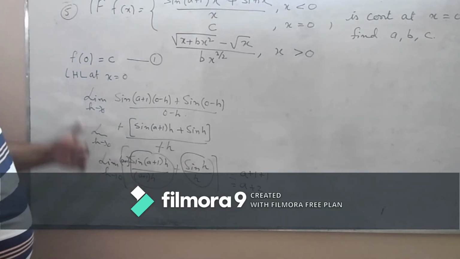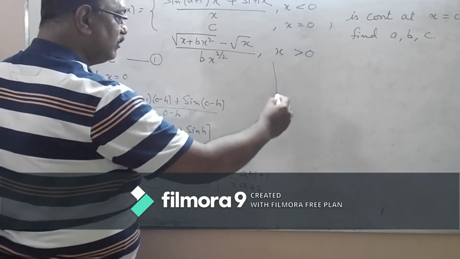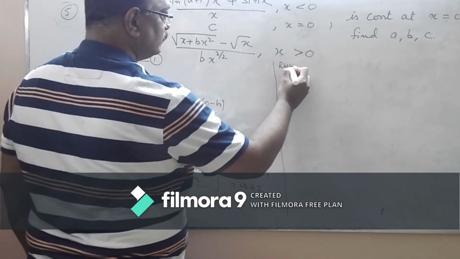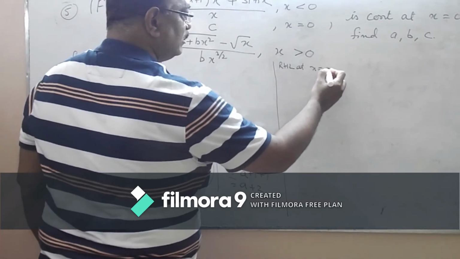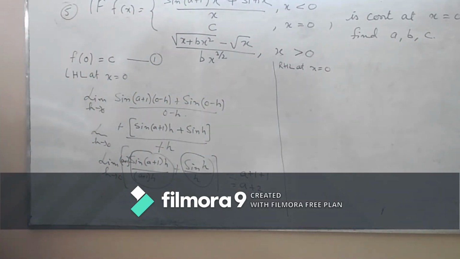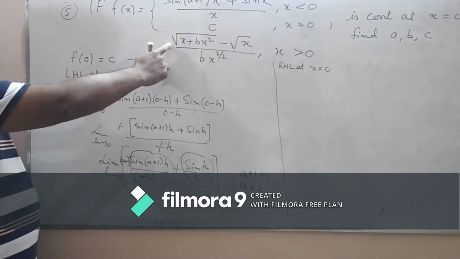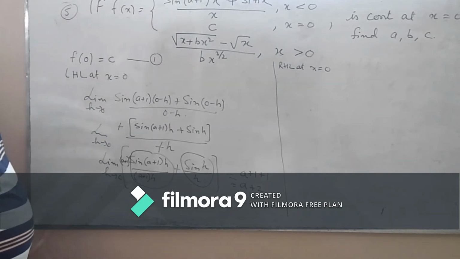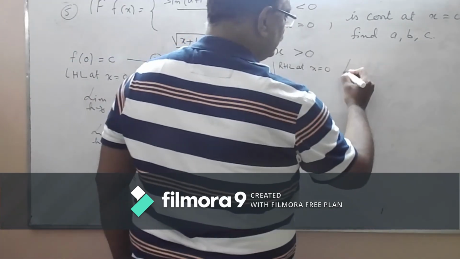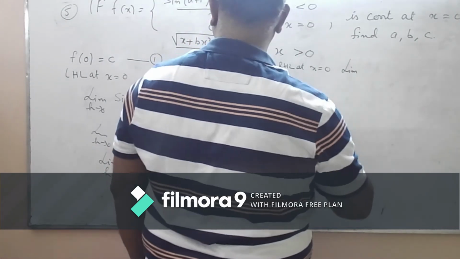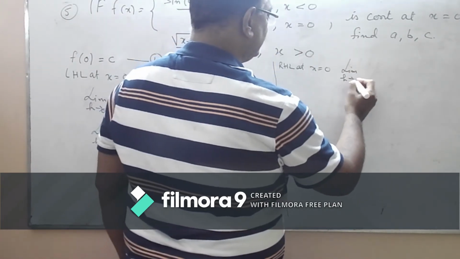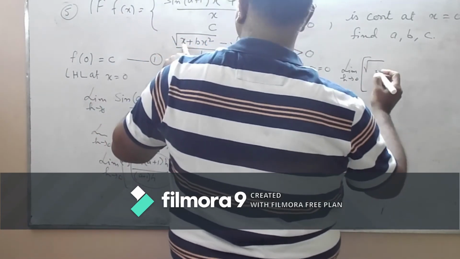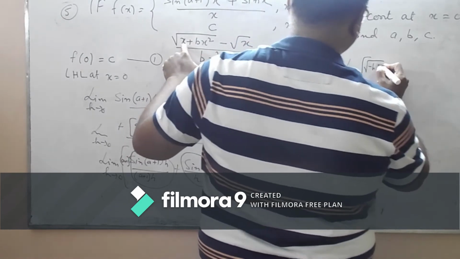Now moving ahead, we have to also find out the value of the right hand limit at x equal to 0. So we apply the limit here, but before applying the limit, we will rationalize it so that it doesn't get 0 by 0 form. Limit h tending to 0.